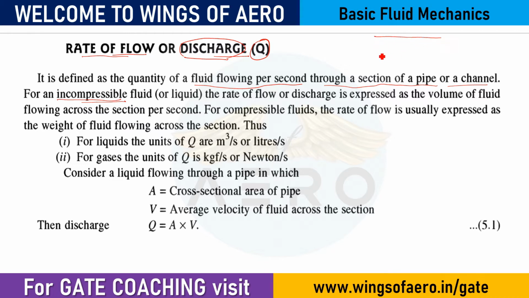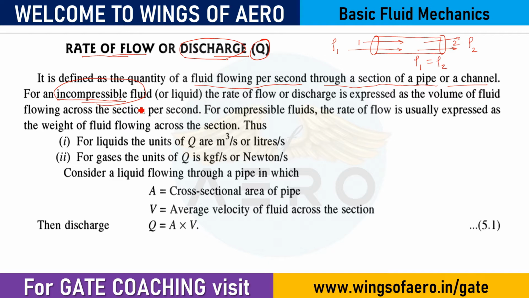Now if this is a pipe and here we have two different sections, section 1 and section 2, and the fluid is flowing, it can be any fluid, and let's consider the density at the inlet is rho 1 and at the exit is rho 2. If it is the same, we call it an incompressible fluid. Now in that scenario we call it the rate of flow.